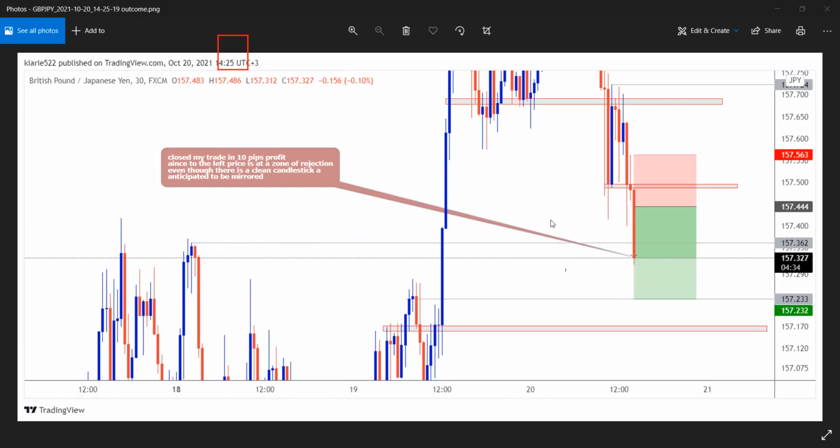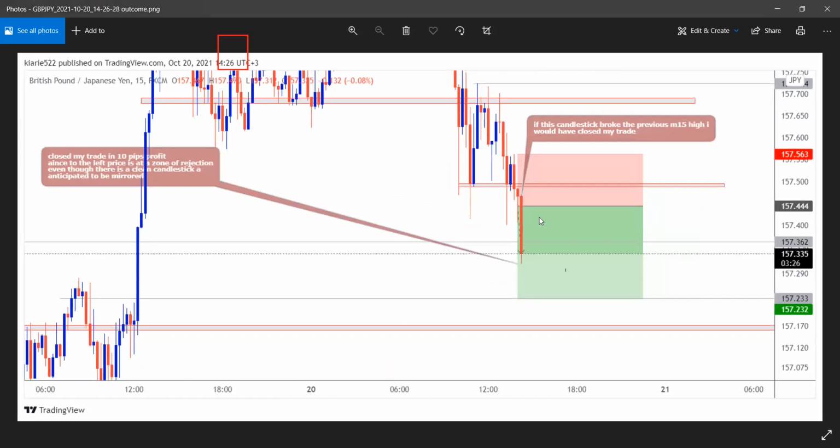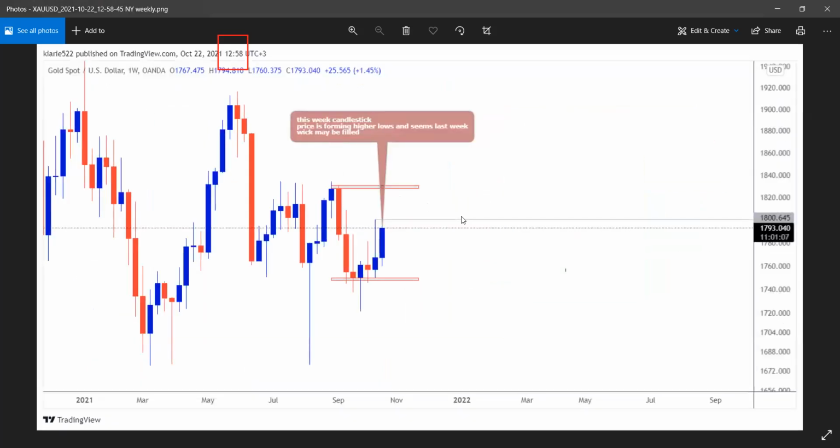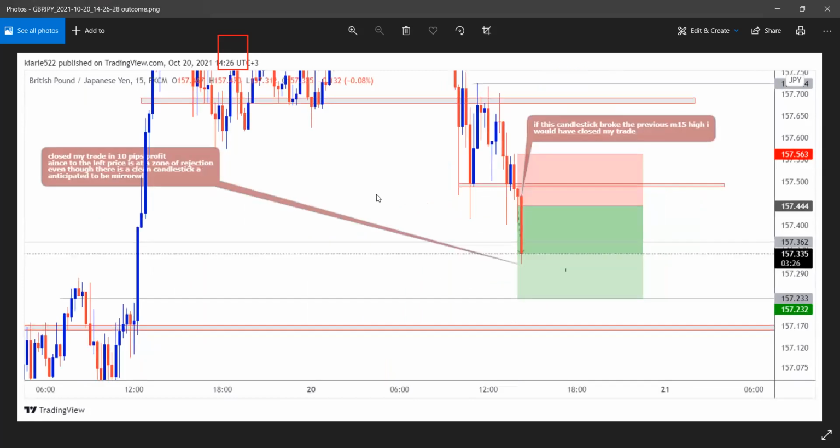This is the day I missed the gold sales. This was the M15 candlestick. I took entries when this candlestick opened.